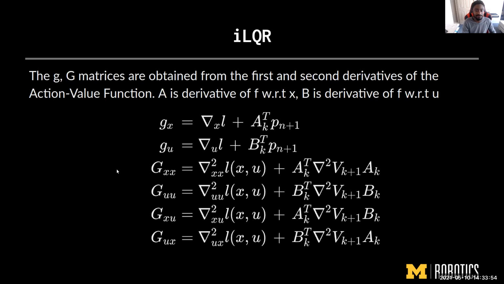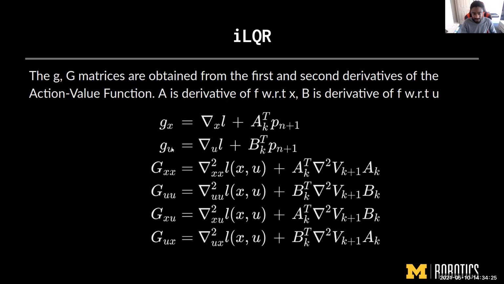And then once we have the big P and small p, the small g and big G matrices are obtained from the first and second derivatives of the action value function. That's the S. So once you take the first and second derivatives of the action value function, we then get the G's. So the small g of x is basically the first derivative of the action value function with respect to x.